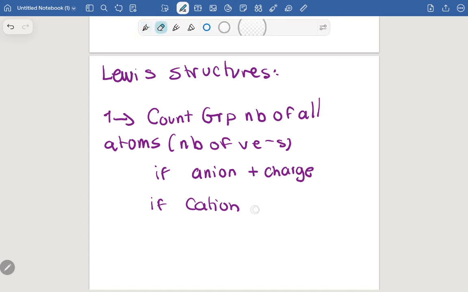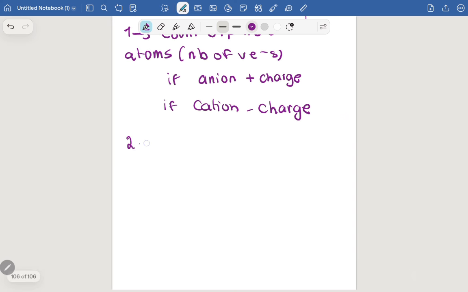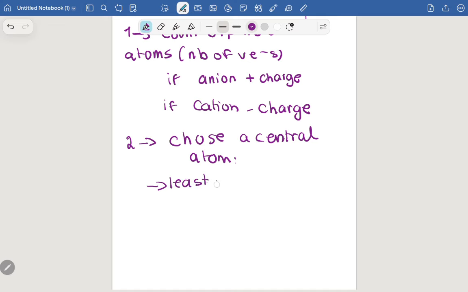So you will subtract the charge. This is the very first step. Second step is to choose a central atom. Okay? What are the conditions for a central atom? It must be the least electronegative, and you can determine it by following the Fajans rule. Okay?